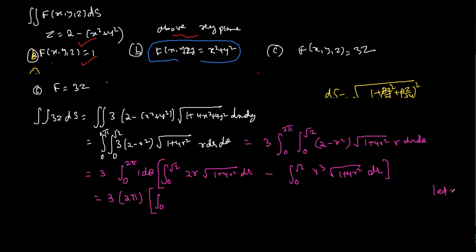Let 1 plus 4r square be equal to t. Then dt is equal to 8r dr. The limit will also change, 1 to 9. r square is t minus 1 by 4.